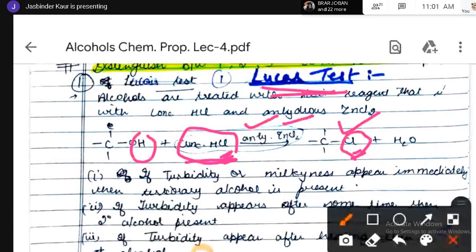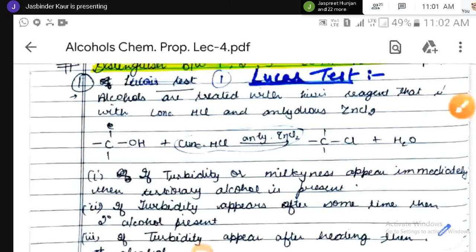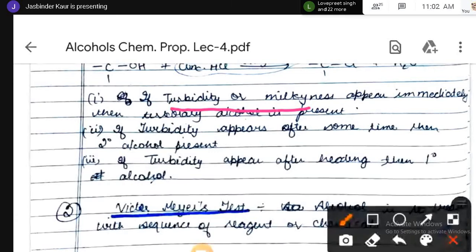But the question is their rate of appearance. If tertiary alcohols are present, then turbidity will appear immediately when HCl and anhydrous zinc chloride are added. If turbidity appears immediately, then it is a tertiary alcohol.